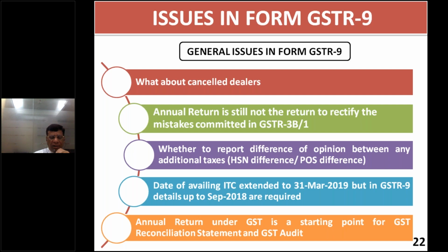And finally, it is up to the taxpayer whether he accepts those variances and is ready to discharge additional tax liability, if any, or he wishes to litigate those variances, in case tomorrow the revenue department issues a show cause notice against the taxpayer.